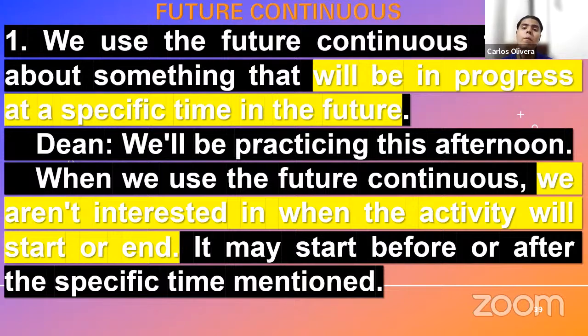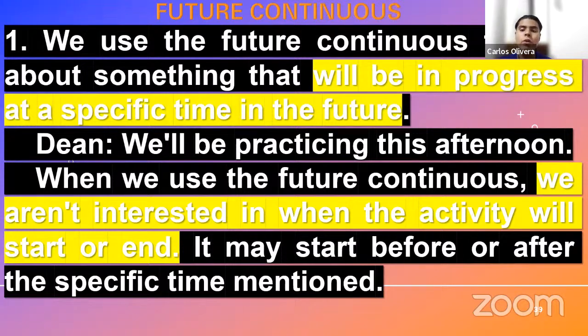It is in the afternoon, but we are not sure if, for example, it is 2 p.m. or 3 p.m. or 5 p.m. The only thing that we are expressing is that in the future, at some point, something will be happening. And what is that event in this illustration? Well, that we'll be practicing this afternoon.